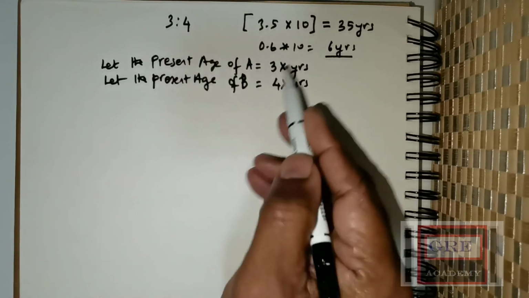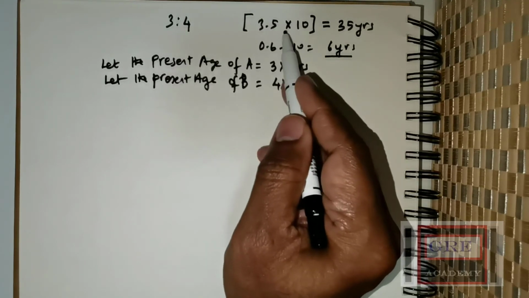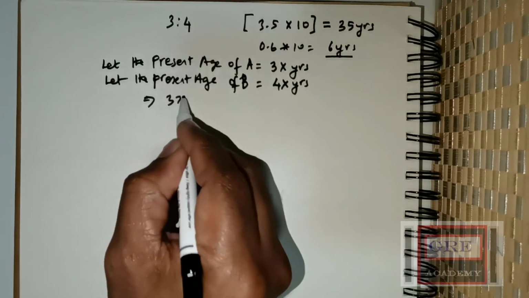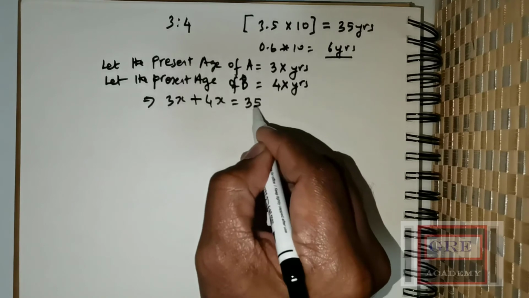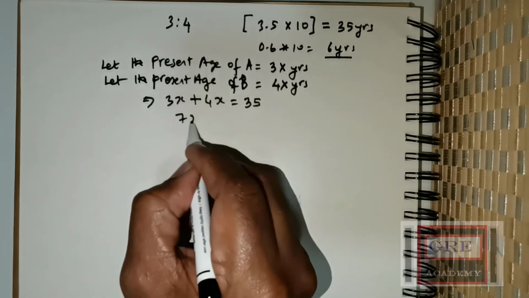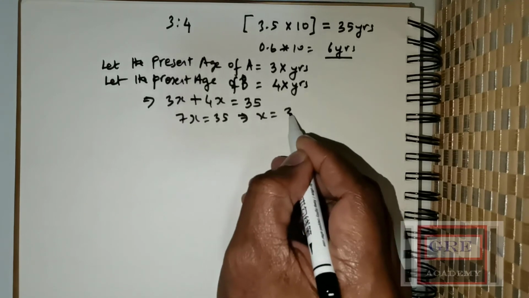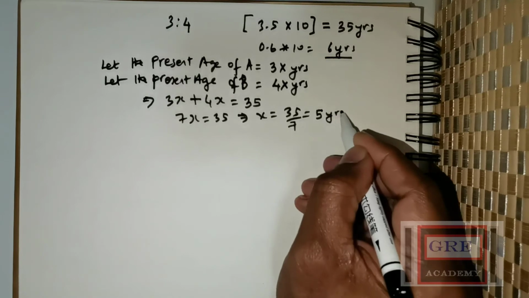Therefore the total of the ages is 3.5 decades, so that's 35 years. This means 3x added with 4x gives me 35 years. So 7x is equal to 35. This means x is equal to 35 divided by 7, which is equal to 5 years.